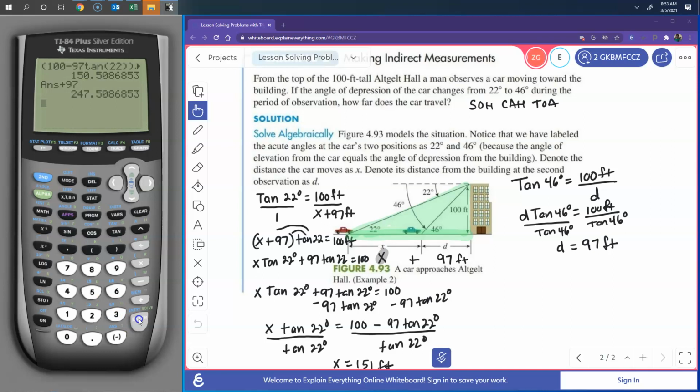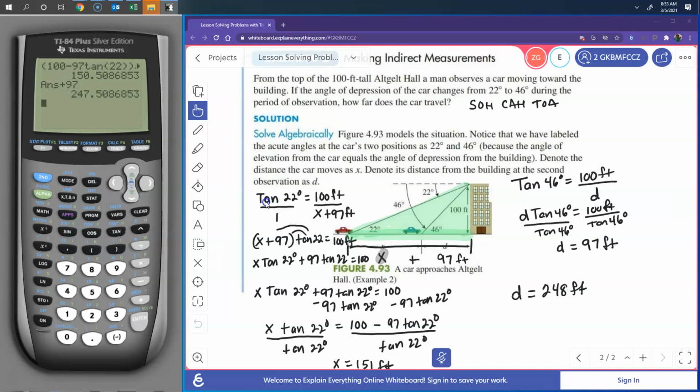So that distance, when the car moves away, that total distance is going to be, so the car has traveled 248 feet. That means it's the distance from here to here, the entire distance.